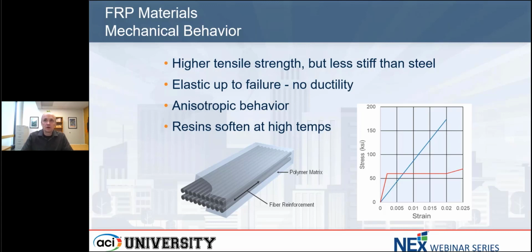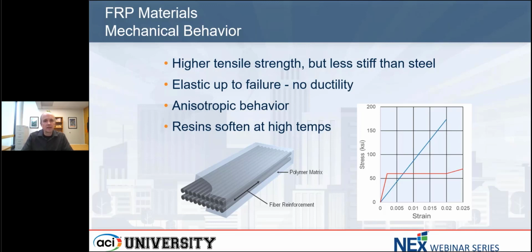So the GFRP bar is quite a bit stronger than the steel rebar, but it is less stiff, and steel has a nice defined yield plateau followed by some strain hardening. GFRP has none of that, is 100% linearly elastic up until failure.